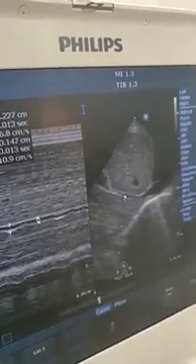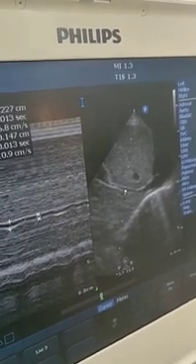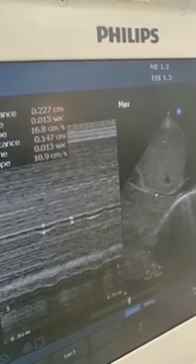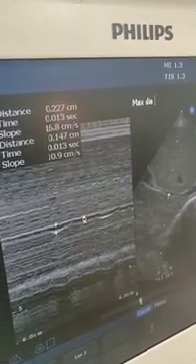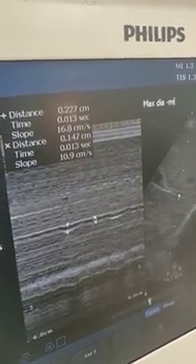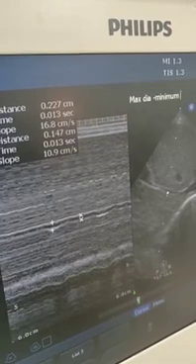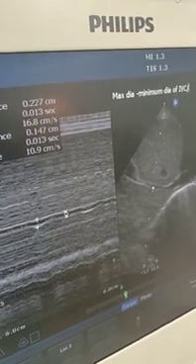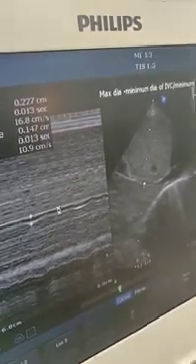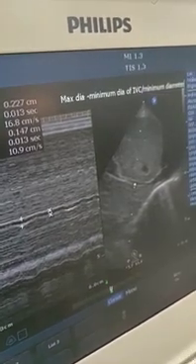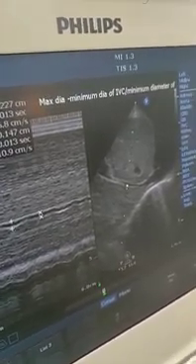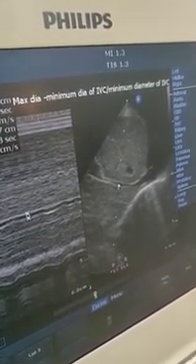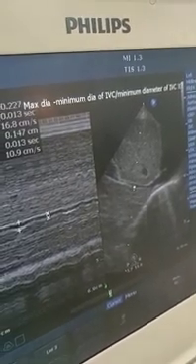The formula used is maximum diameter of inferior vena cava minus minimum diameter of inferior vena cava, divided by minimum diameter of IVC, that is inferior vena cava, and the whole lot should be multiplied by 100.